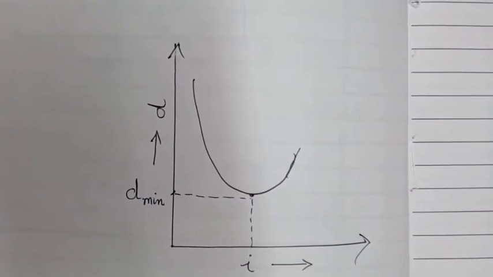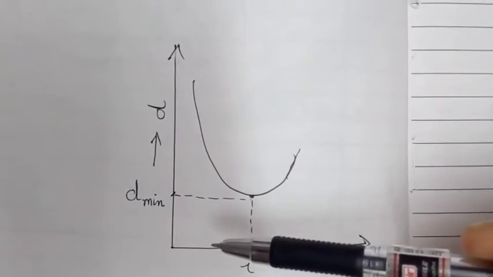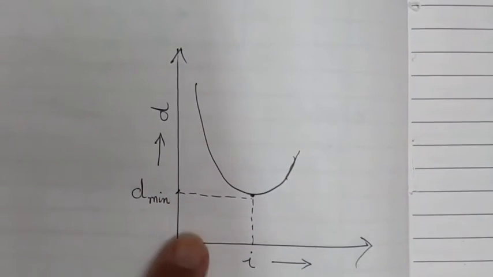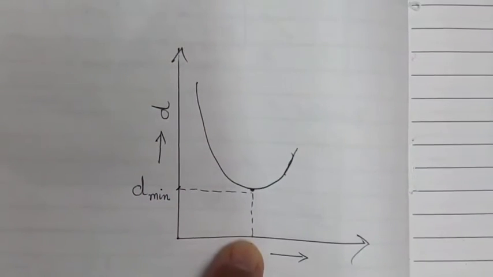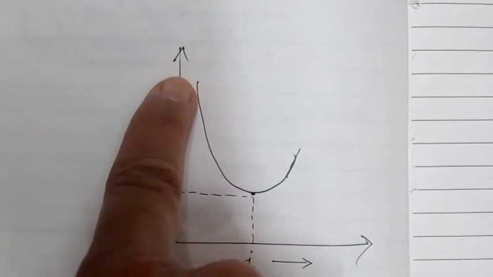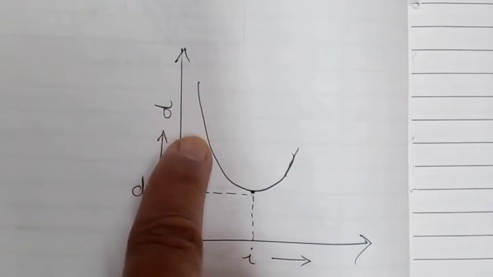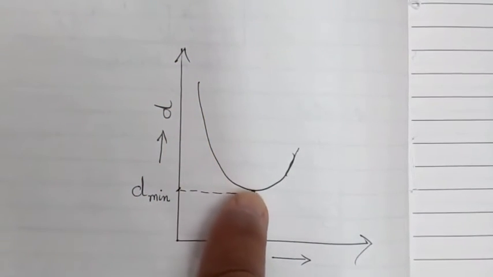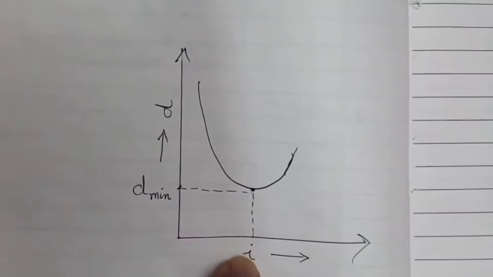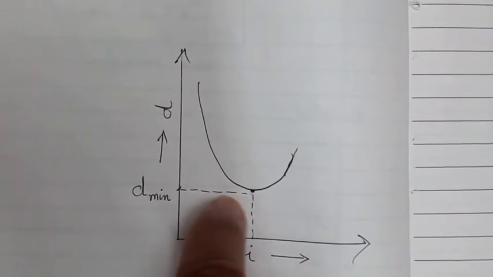Now, as the angle of incidence increases, the angle of deviation decreases, goes on decreasing. For a particular angle of incidence, the deviation becomes the least, the lowest point of the graph.